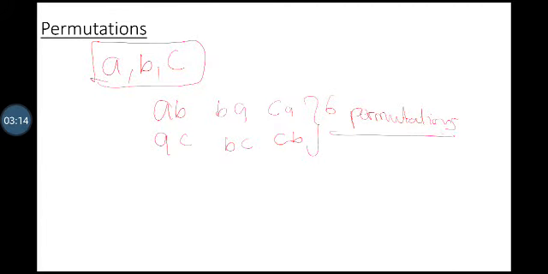So how do we get the same answer using the formula? The formula that you use for permutation is P(n, r) equals n factorial over (n minus r) factorial. Sometimes r is replaced by k, it doesn't matter, still the same principle.